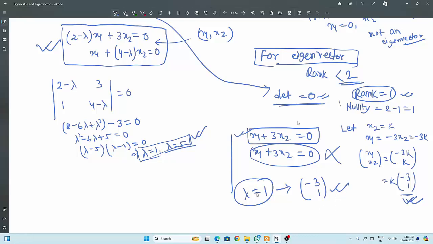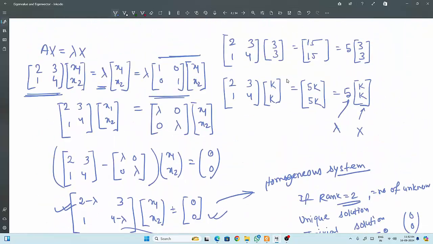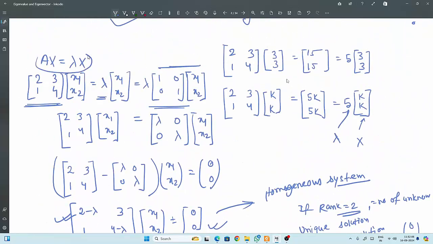So corresponding to lambda 1, the system of equations (A - λI)x = 0, what we have done here: it is Ax = λx. In the next line, we have Ax = λx, then λx is written as λIx.